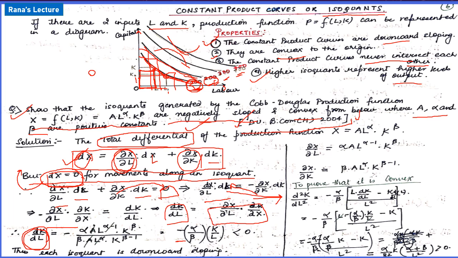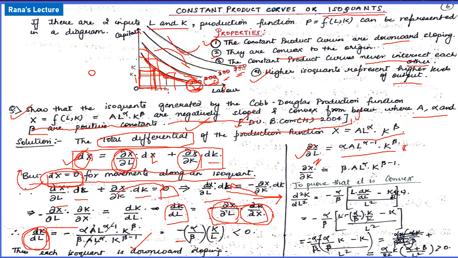Now you have to find these values, right? Marginal productivity of capital, marginal productivity of labor. Let us find them, and then we will put them in this formula. When we find the marginal productivity of labor, we get this. This is the equation. So this alpha, we are differentiating with respect to L, so our K becomes constant, right?